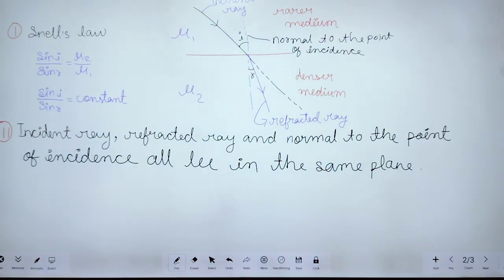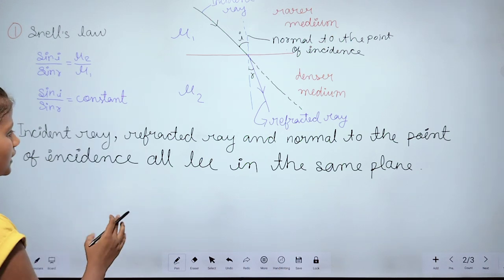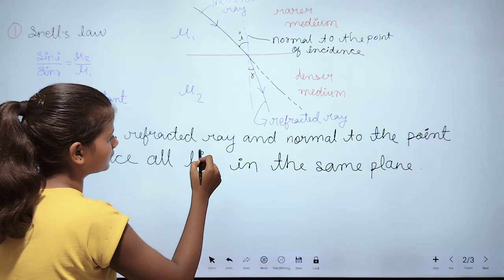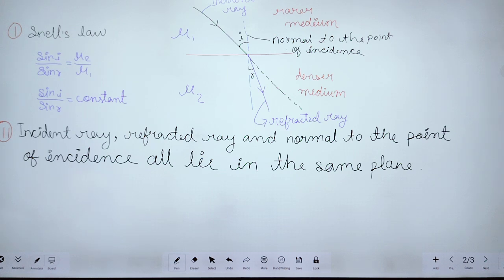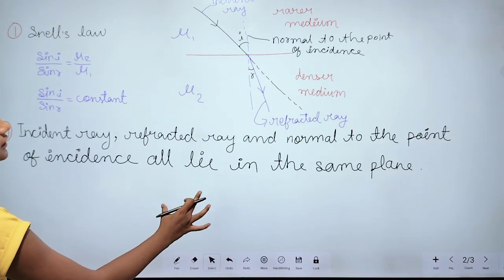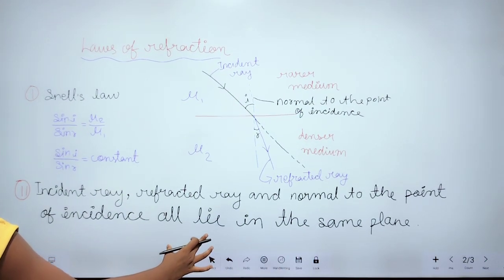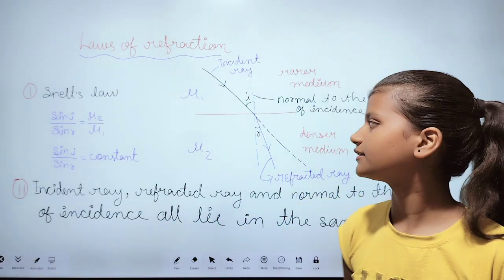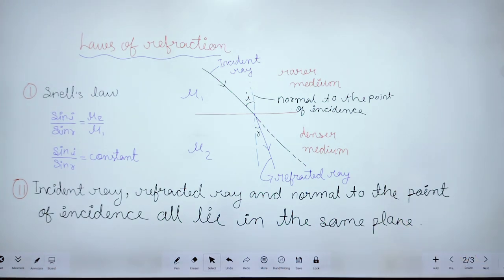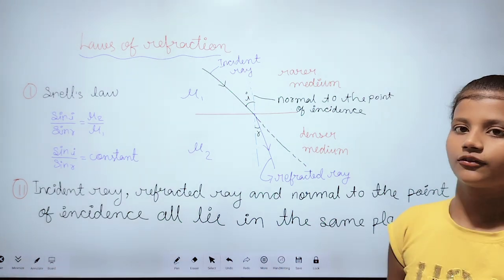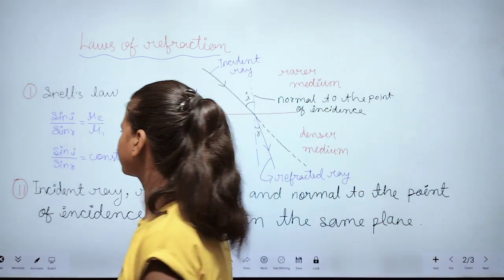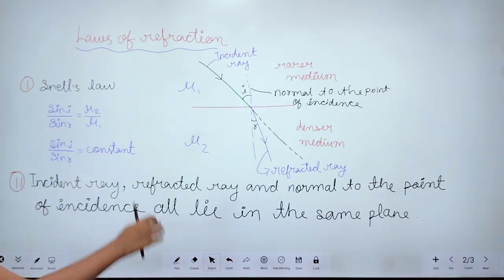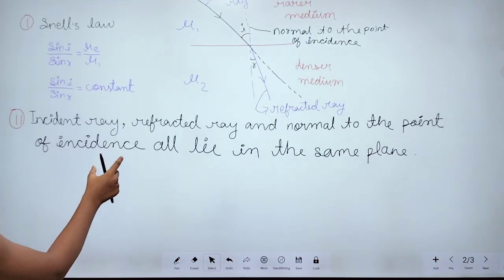Incident ray, reflected ray, and normal to the point of incidence all lie in the same plane. This one is our laws of refraction. The first one is Snell's law, that is sin i by sin r is equal to mu 2 by mu 1, and sin i by sin r is equal to constant.